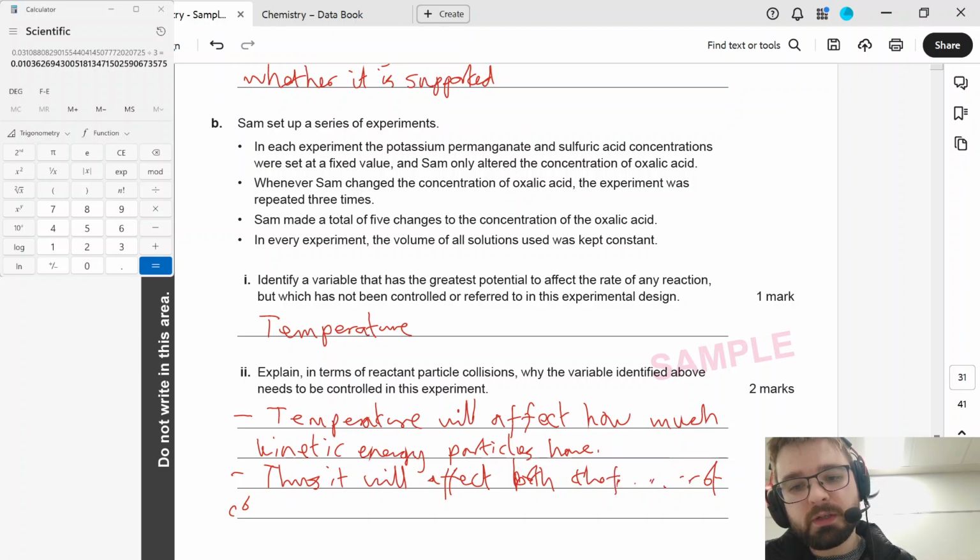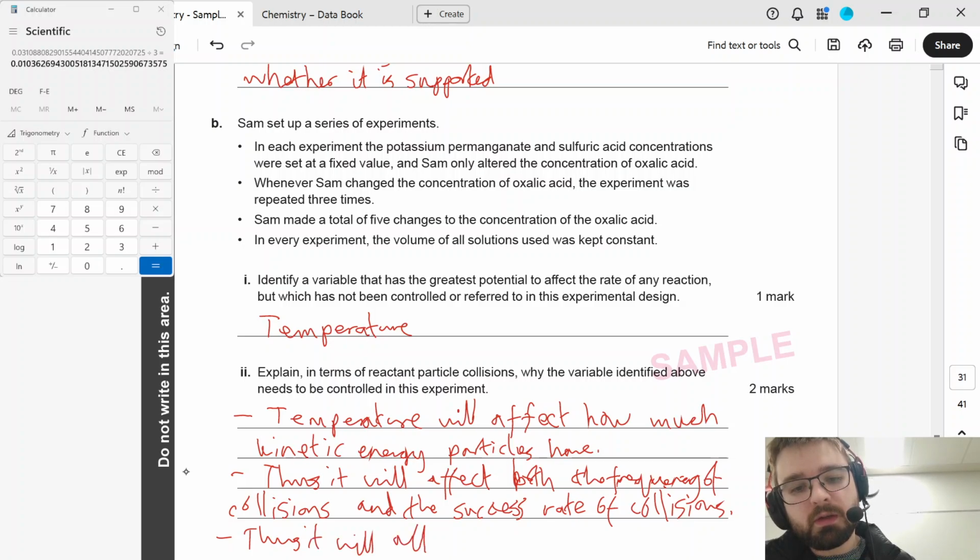I should say frequency of collisions. Thus, it will affect the frequency of successful collisions and thus rate. Here's the dependent variable.